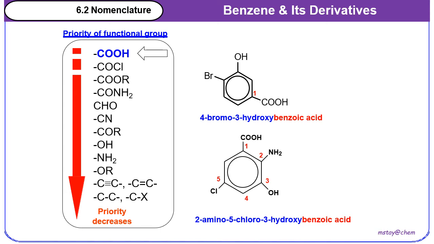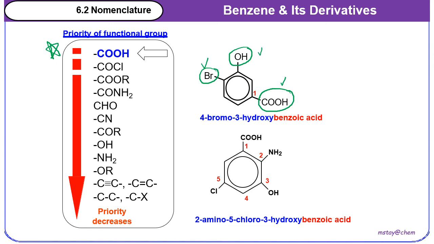Sometimes you may notice that there are a few functional groups in a benzene derivative compound. For example, we have bromo, hydroxyl, and also carboxyl group. When we have these 3 functional groups, which one will be the parent? We have to follow this priority.